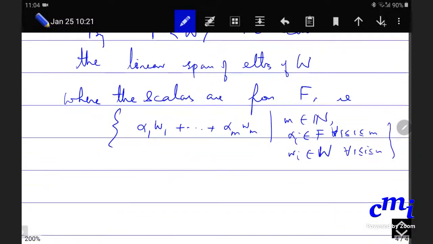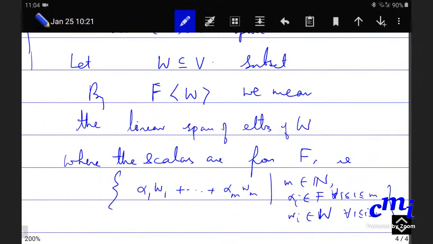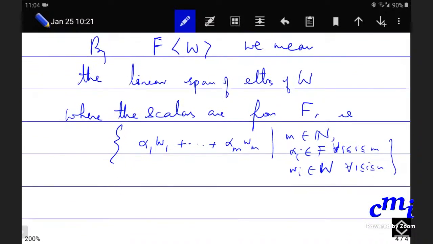So when we say linear span, we mean only finite linear sums. W itself may be infinite, but we take all possible finite subsets of it, all possible scalar coefficients, multiply the scalars and take the sum. That's what we mean by linear span. We will abbreviate it as F angle brackets W. Sometimes F will be clear from the context, then I might omit F. Okay, so that's just a notation.